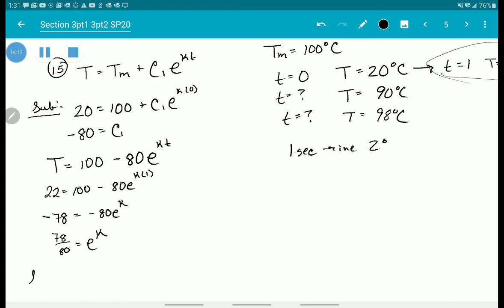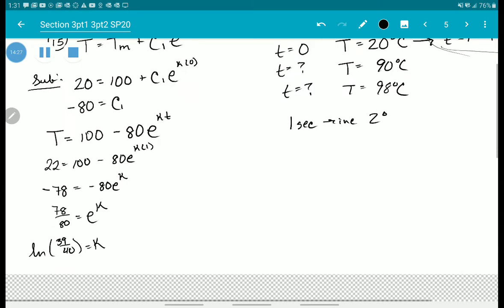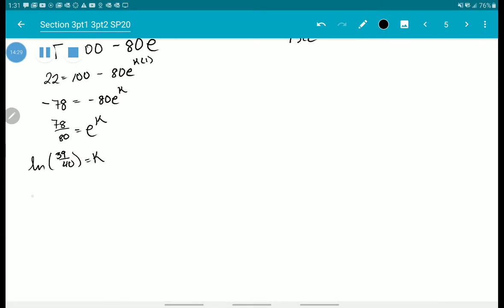Take the ln of both sides. This guy does reduce to 39 over 40. And that's going to be our k value. So now we have a model that we can use. So we have T is equal to 100 minus 80 e to the ln of 39 over 40 times T.